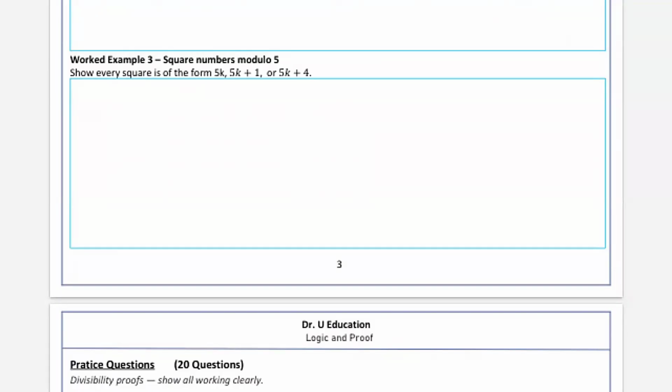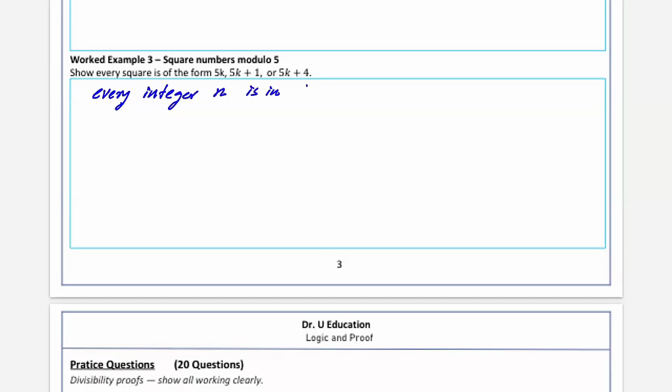Show that every square is of the form 5k, and so on. Okay, how do you do that? Let's think about every integer n.